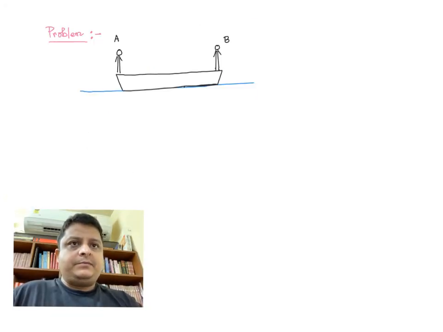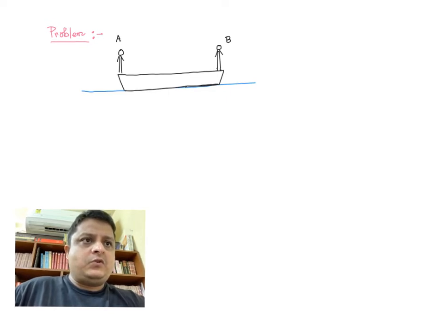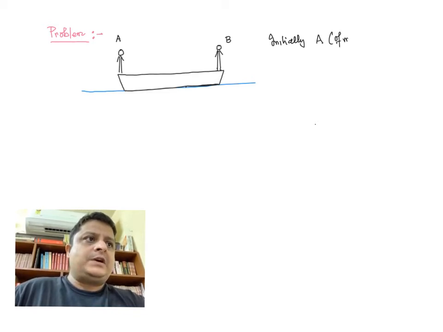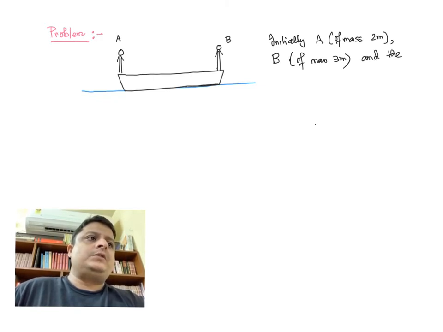So in this problem it's actually the same. So initially A of mass, say 2m, B of mass 3m, and the boat of mass, say make it 4m.